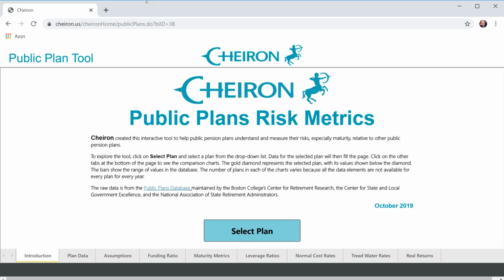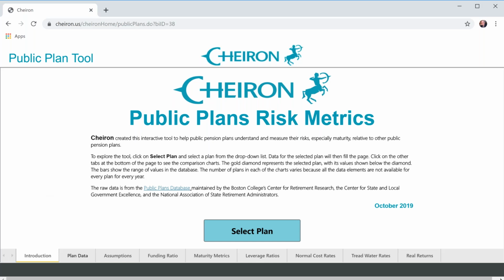So now I'm going to walk you through the tool, and you're looking at a screen that says Cheiron Plans Risk Metrics. At the bottom, you'll see several tabs. We're on the Introduction tab, and then we'll go into Plan Data, where you select the plan to be compared, and then the various metrics that Bill and I will be walking you through.